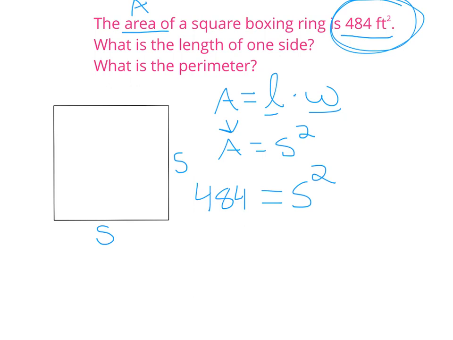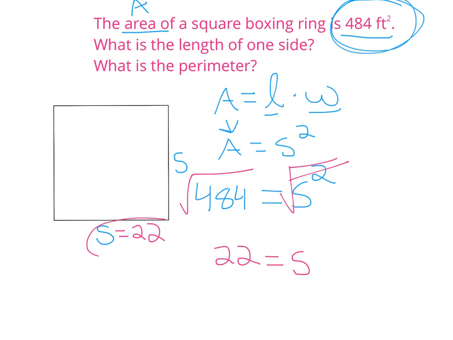I need to figure out what just the side length is. So I have to square root this s squared to cancel it out, and whatever you do to one side, you have to do to the other side. So the square root of 484 is 22. All right, so let's figure out, what did I just do? I figured out that this side length is 22, and since it's a square, all side lengths are 22.